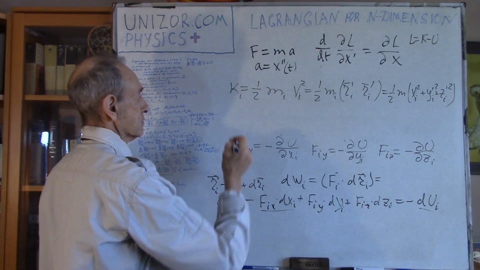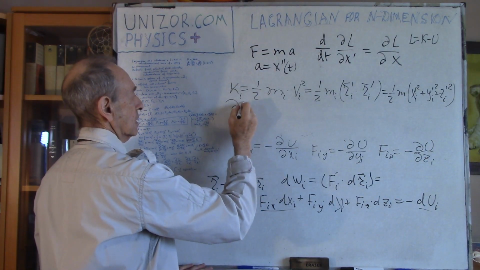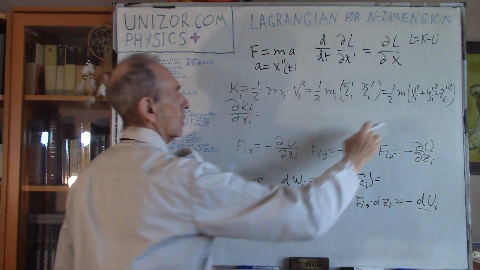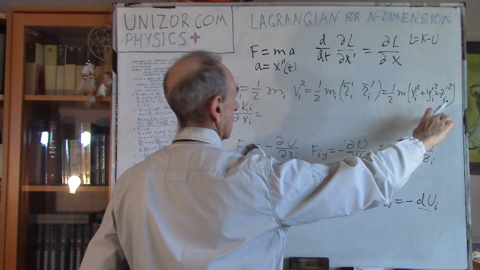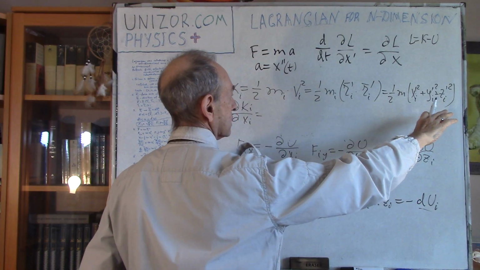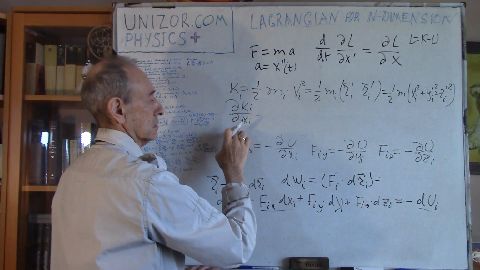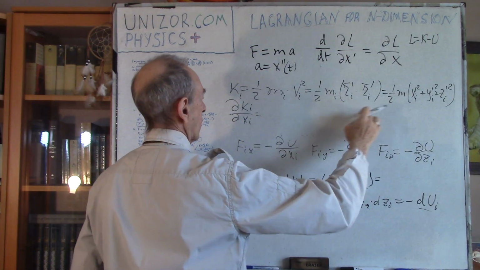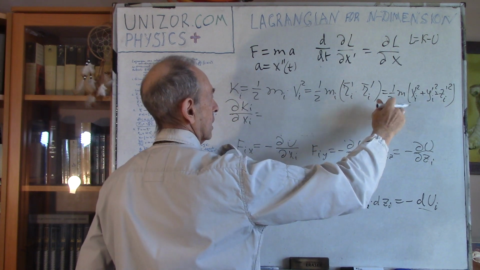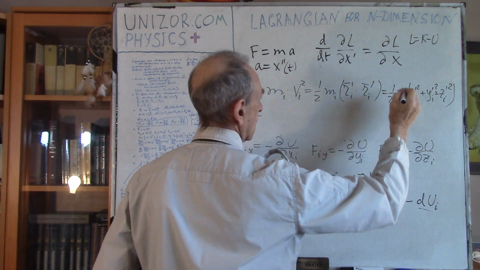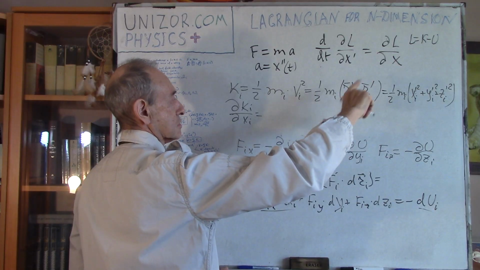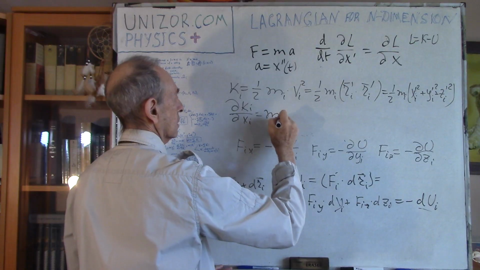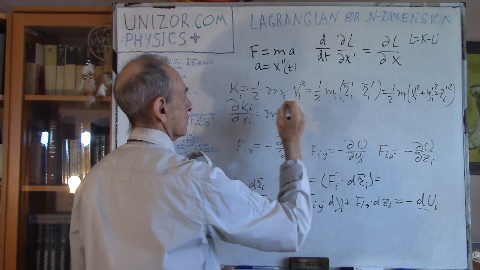From this follows very simply that dK_i/dx_i' is equal to, well, y and z are not counted because we are taking the partial derivative only by x_i. So it's 1/2 times mass, by the way, times 2x_i', and 2 and 2 will cancel each other, and that's what it is.